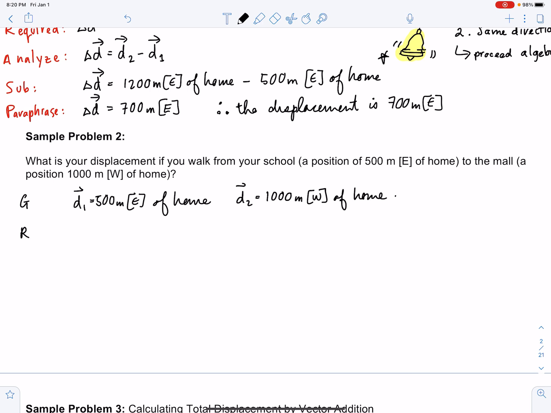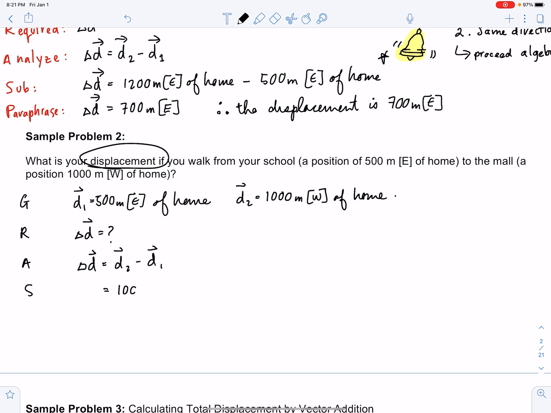They want us to find our displacement. So find delta D. Since we're given positions, we know that displacement is equal to final position minus initial position. Okay, and now we can sub and solve.